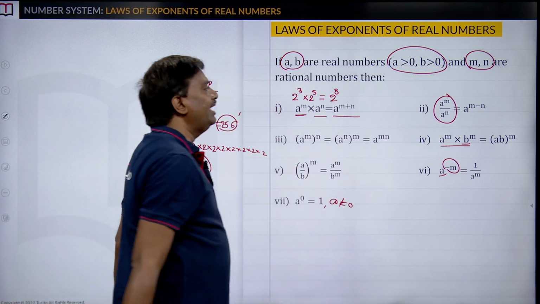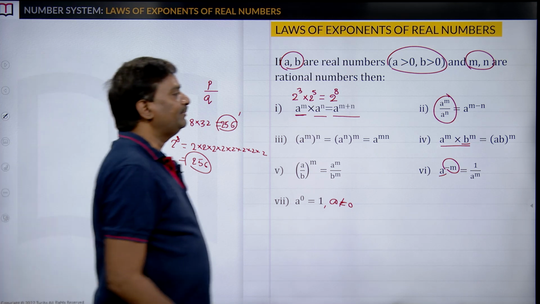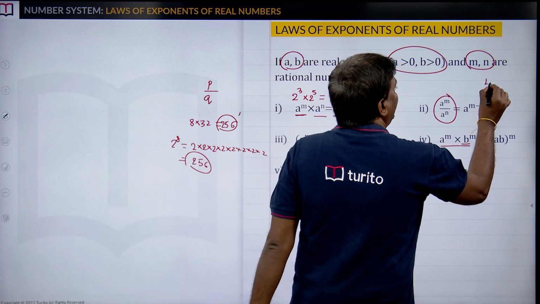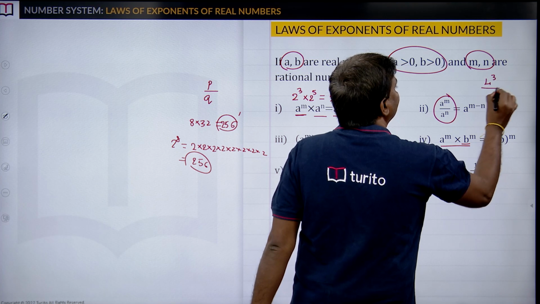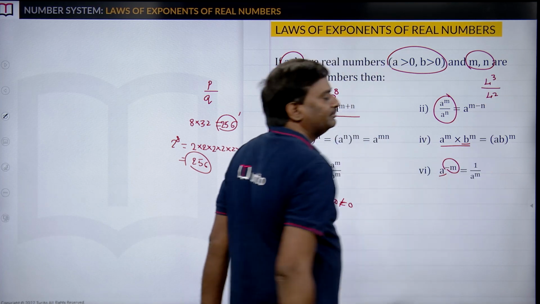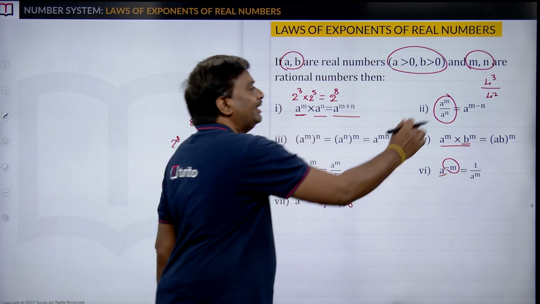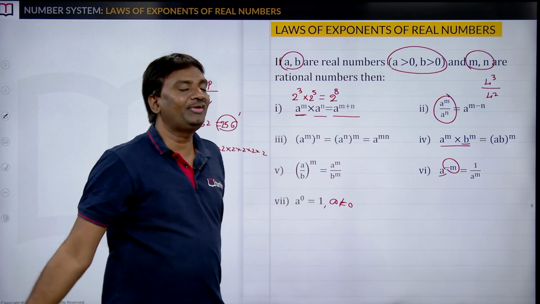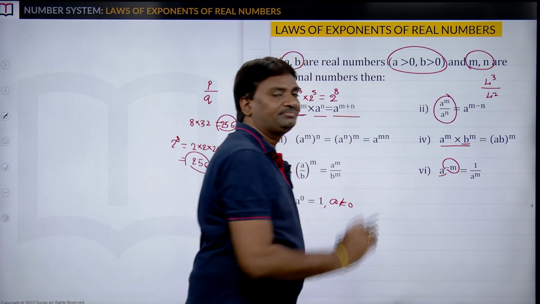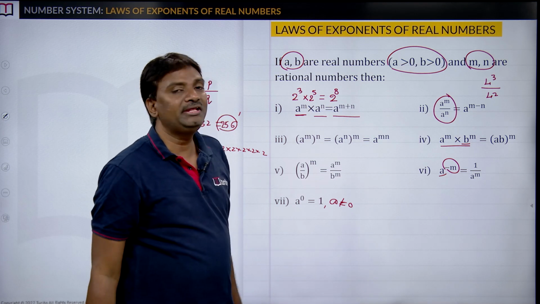Similarly, if we take a power m by a power n, for example 4 power 3 by 4 square, in place of a we have 4, m equals 3 and n equals 2.